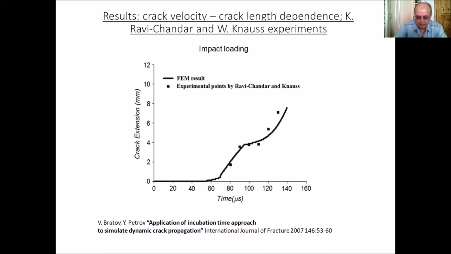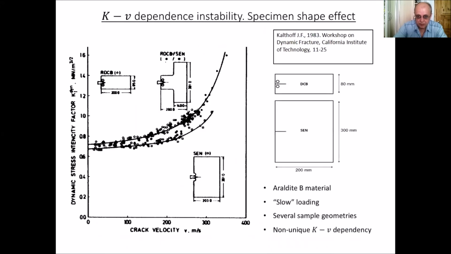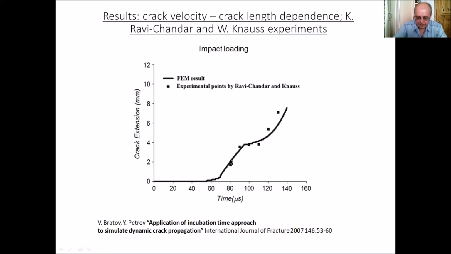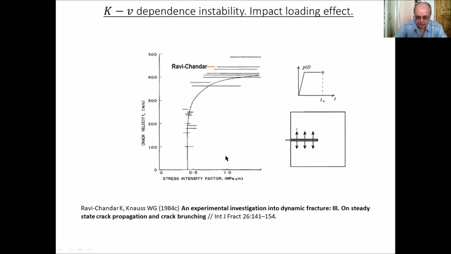So let's consider one more scheme, and it is a Kalthoff test, but we used a simplified version of these samples subjected to the slow loading realized in these tests. And this is a Dar case.